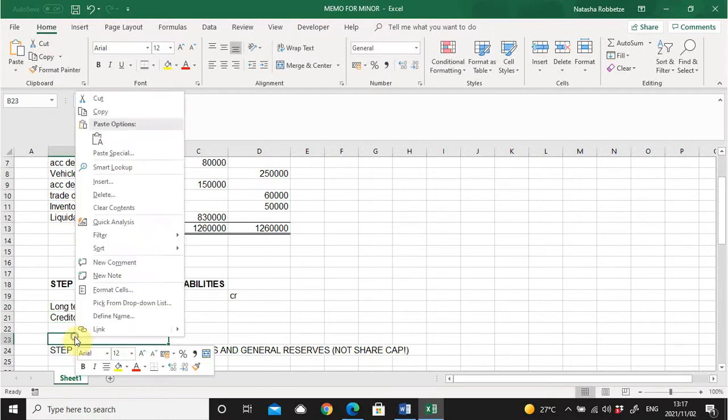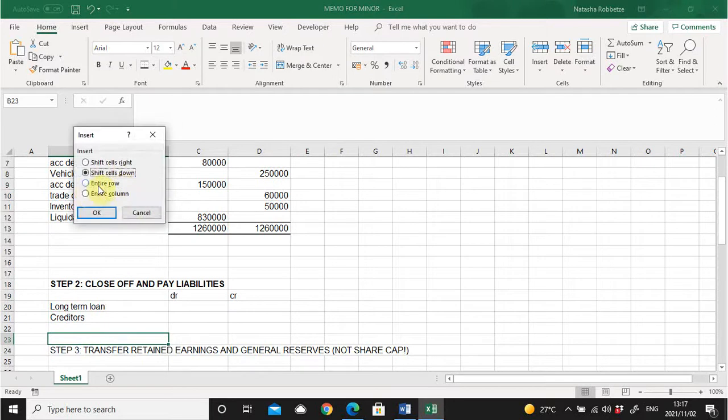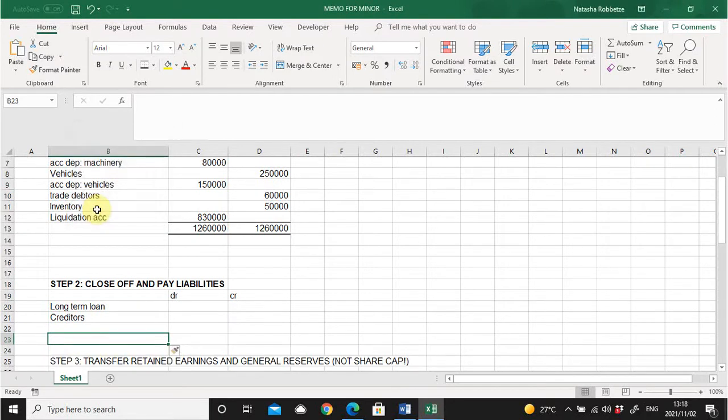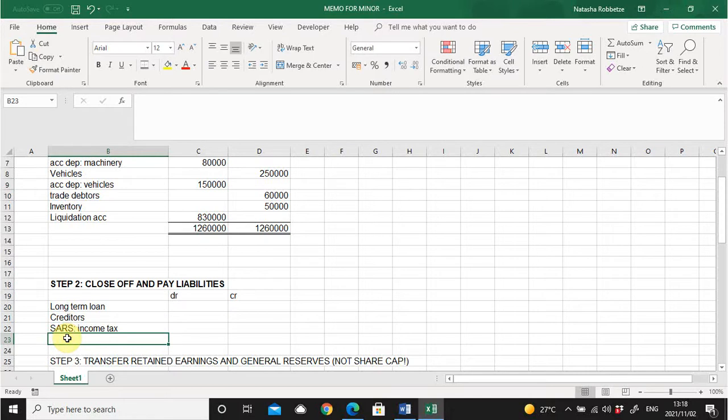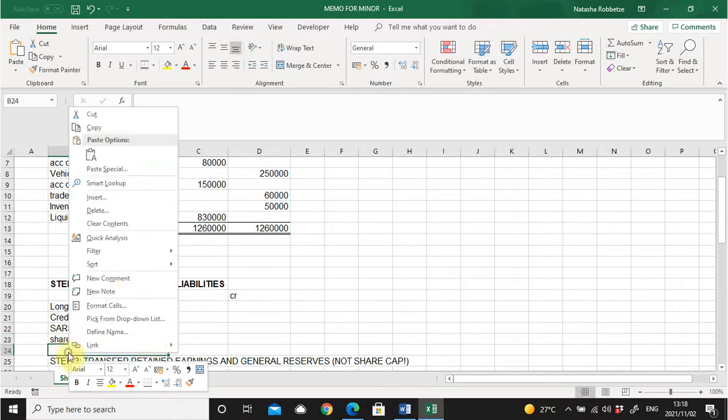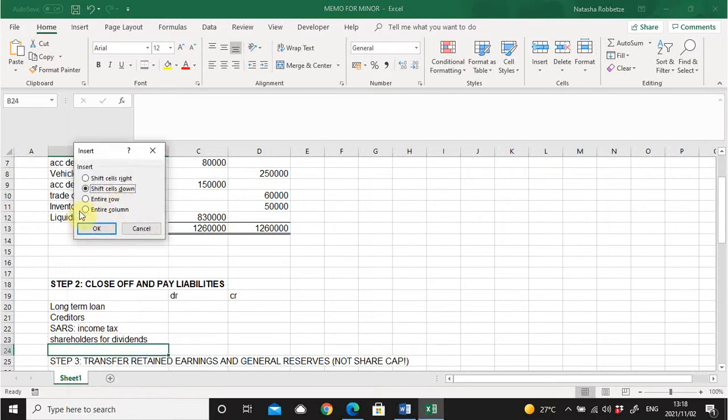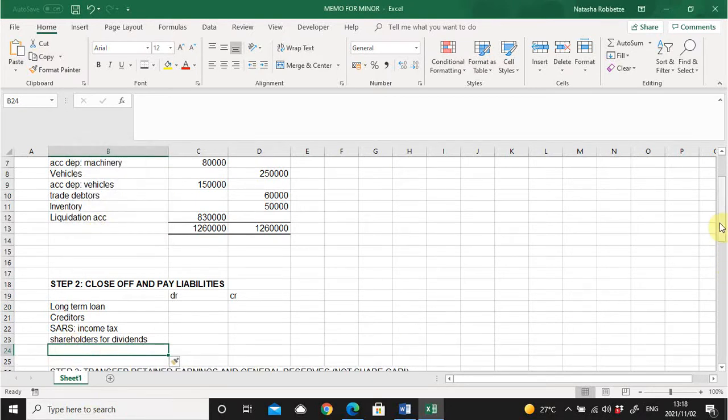I just need to create more rows here. We have SARS, I believe. And I believe we had some shareholders for dividends. And then we also had to make bank payments. You just insert more lines.